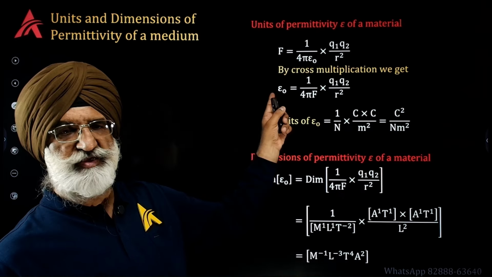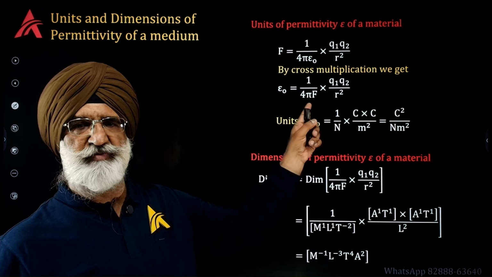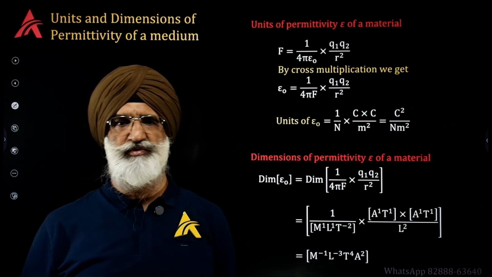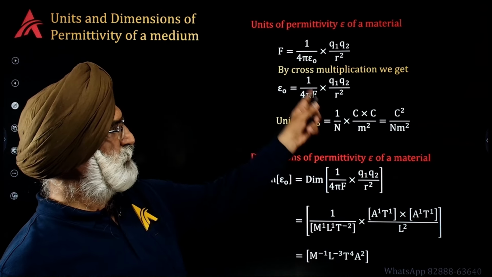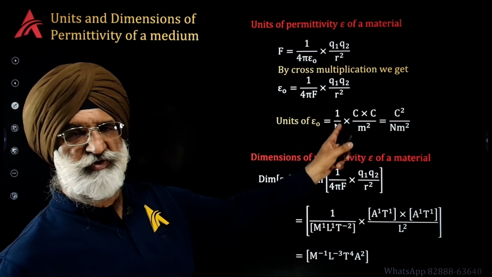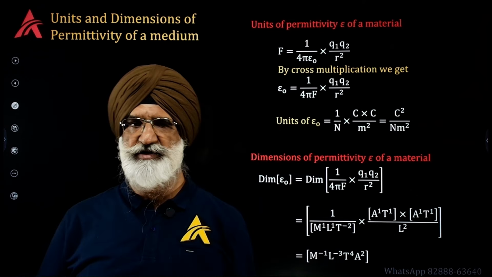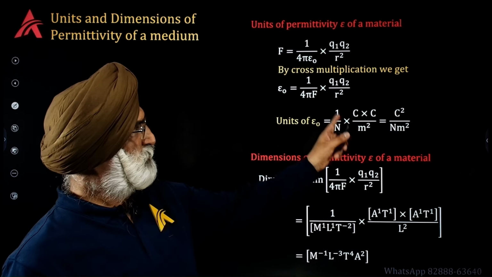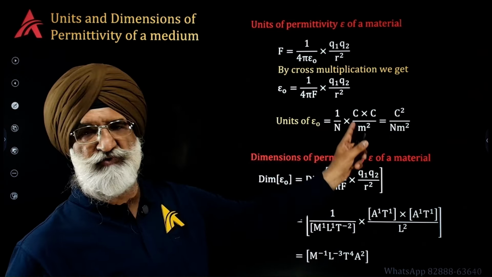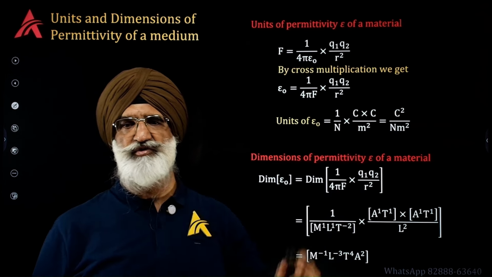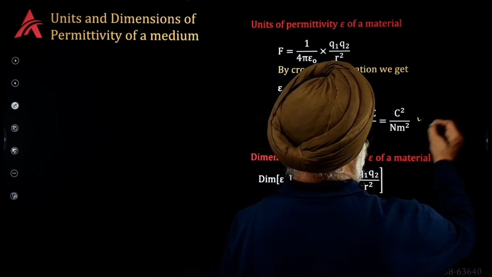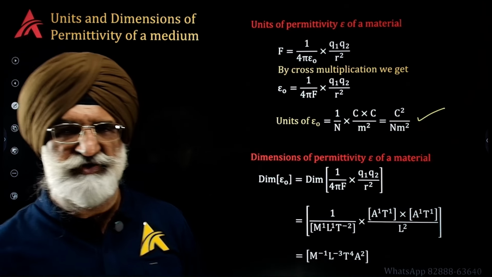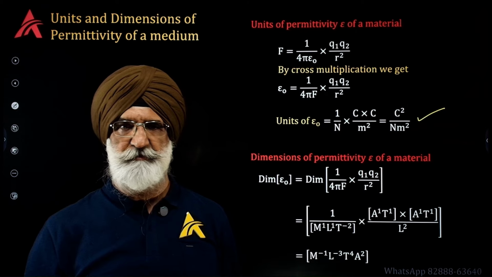By cross multiplication, epsilon will be 1 upon 4 pi F into Q1 into Q2 upon R square. The units of epsilon will be 1 upon force, 1 upon newtons, because 4 pi has got no units, 1 upon newtons, Coulomb into Coulomb upon 1 meter square. So we can say Coulomb square upon Newton meter square will be the units in which we can measure the permittivity of a given medium.